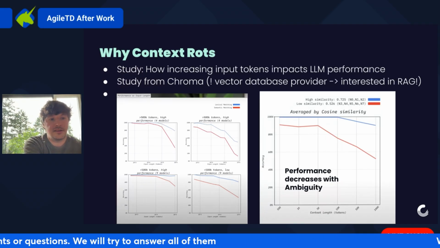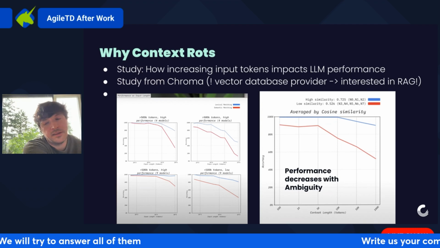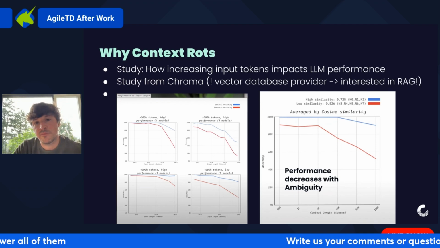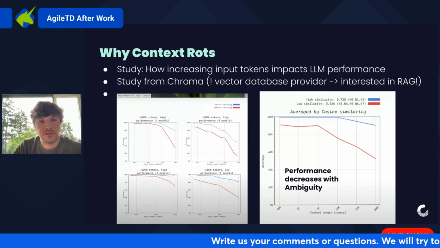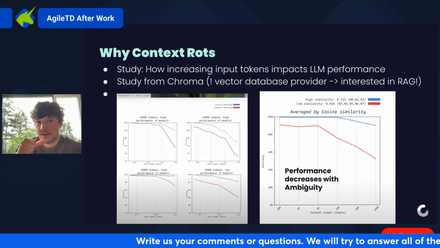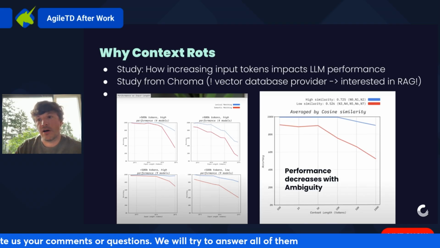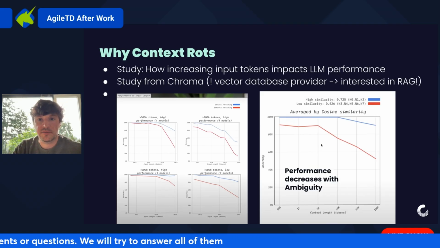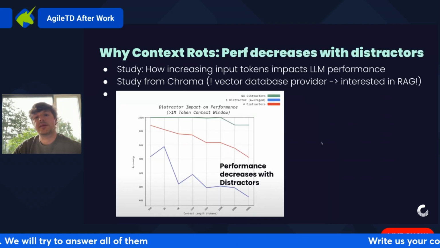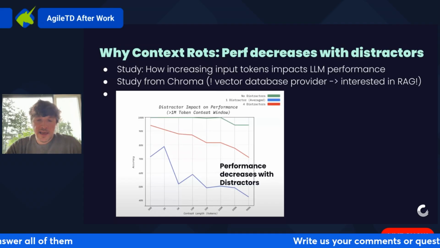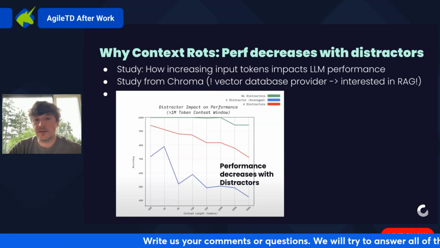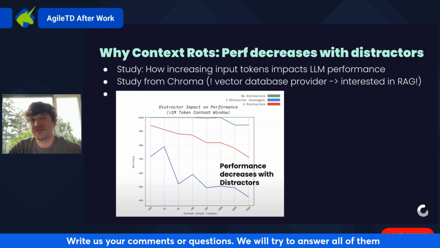And similarly, also in the realm of programming languages, it would decrease with using inconsistent ways of describing the very same thing. And not only that, these ambiguous terms can also be seen as kind of a distractor.